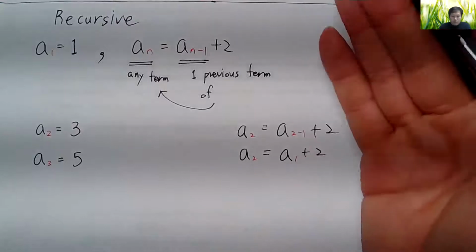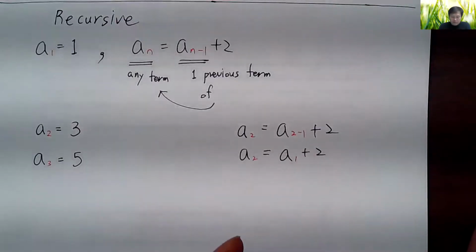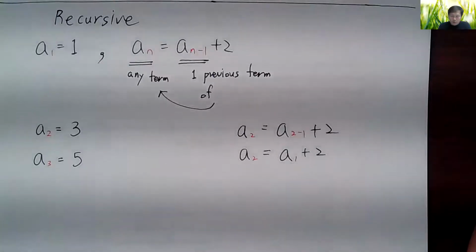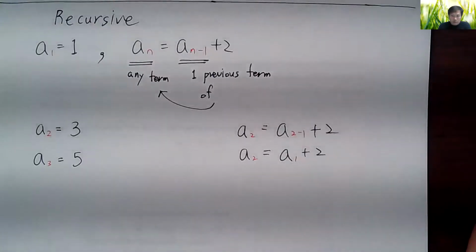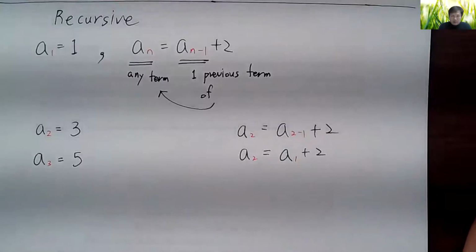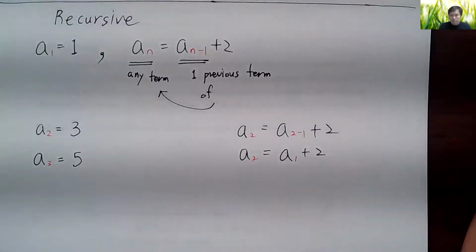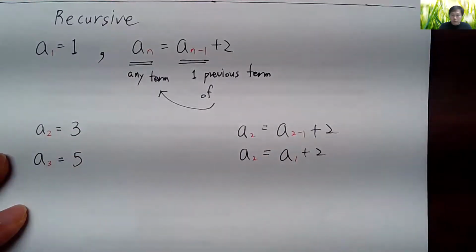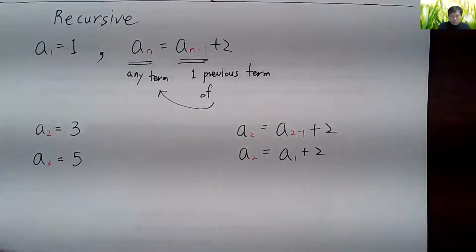So recursive form is very intuitive in a sense of understanding what's going on with the pattern. Drawback of that is, let's say I ask you to get 50th term given recursive form. To get the 50th term, you need 49th term, the one previous term.